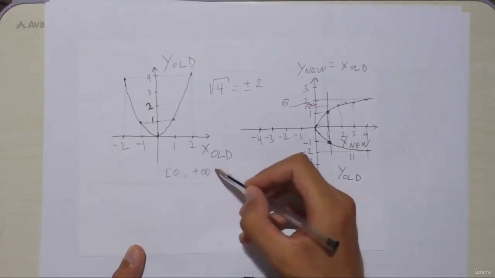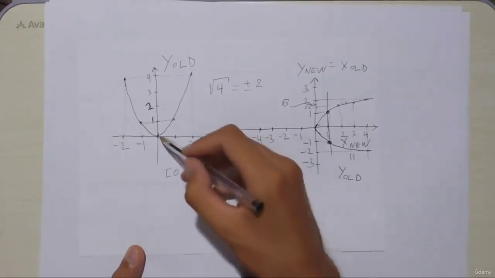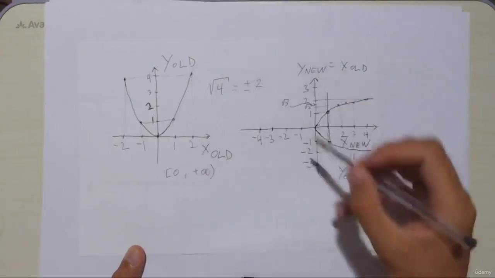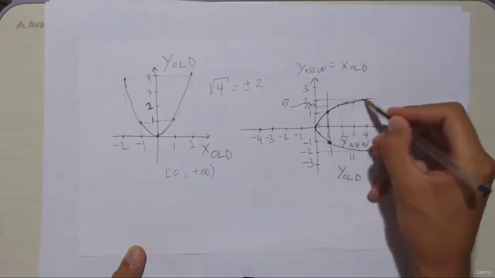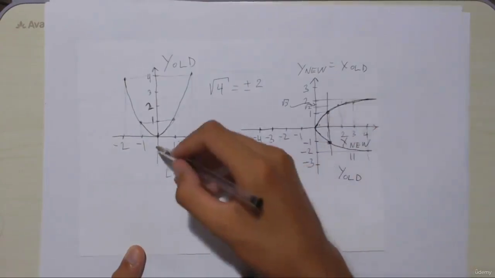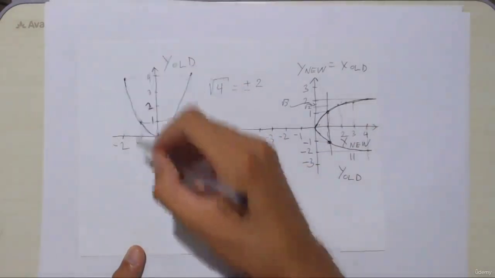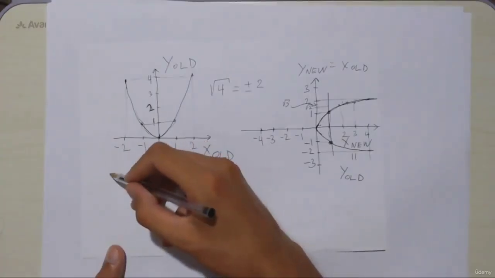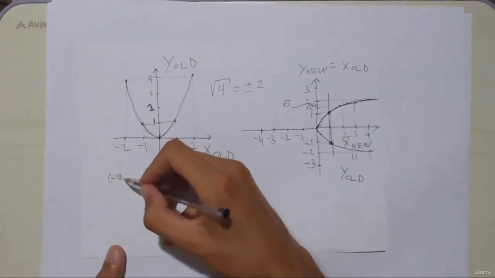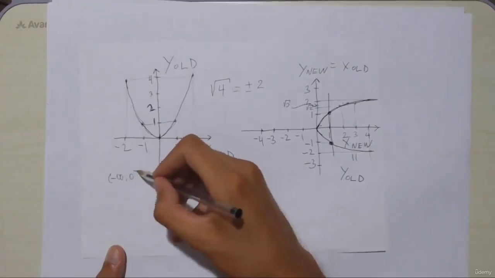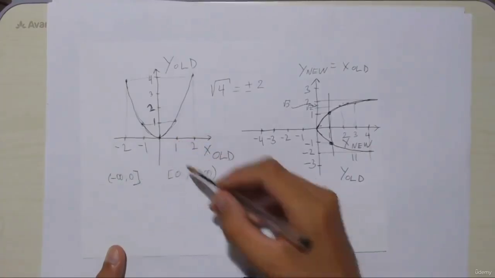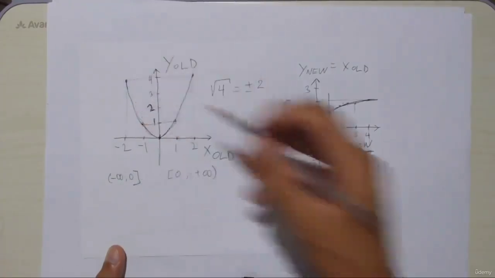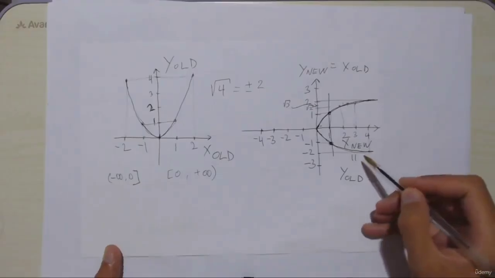You choose your domain, and then if you choose this domain, then you get this graph. Or you choose this side, which means that you work from minus infinity to 0, and remember brackets are included. So you only take this part, and then you get this graph.